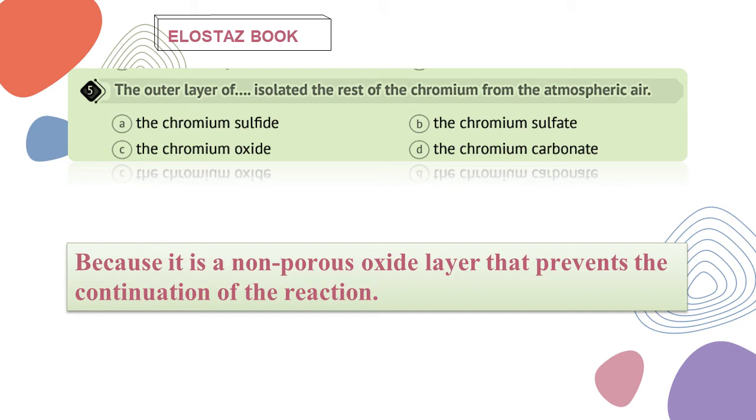It will be protecting or covering with no spaces, a non-porous layer that prevents the continuation of the reaction with the air. So the right answer here will be letter C. Okay, let's go into question 6.